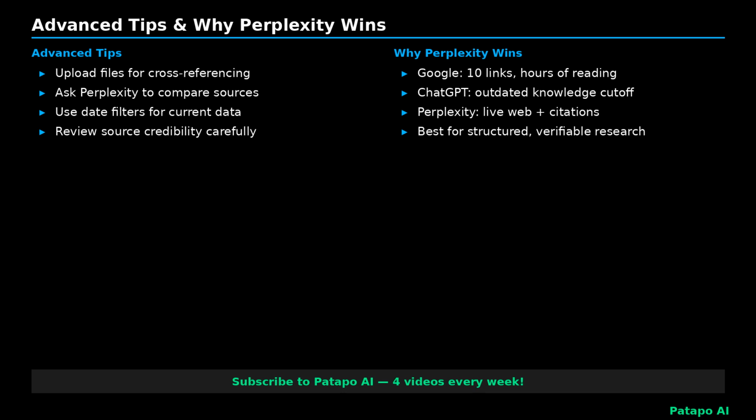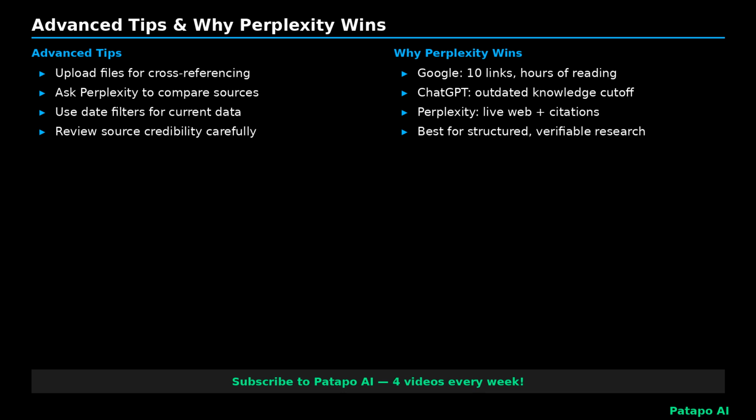No tool is perfect. Perplexity can sometimes hallucinate or cite questionable sources, but for structured, verifiable research, it is currently the best option available. And it is getting better every month.